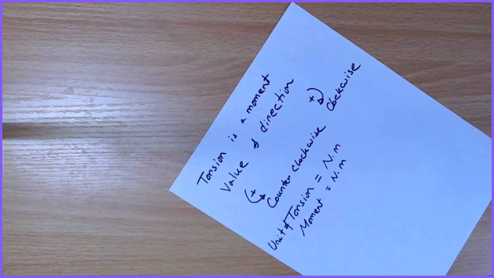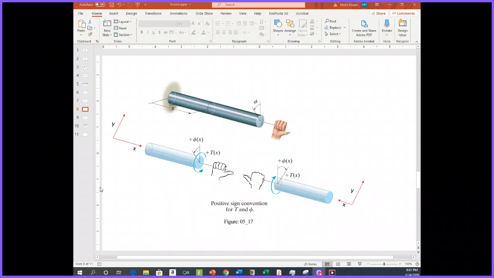Now let's consider this example. This is a shaft, and this shaft is fixed at one end. Now if I rotate this shaft counterclockwise, what is the sign of the torsion?